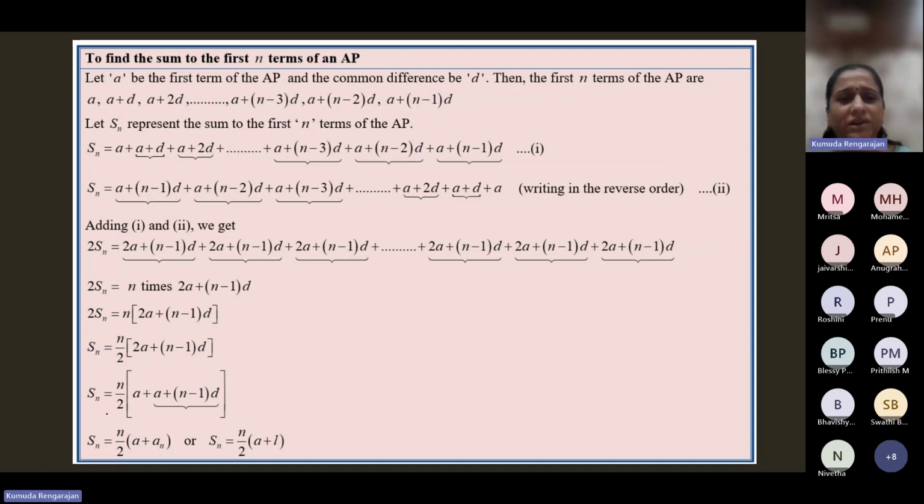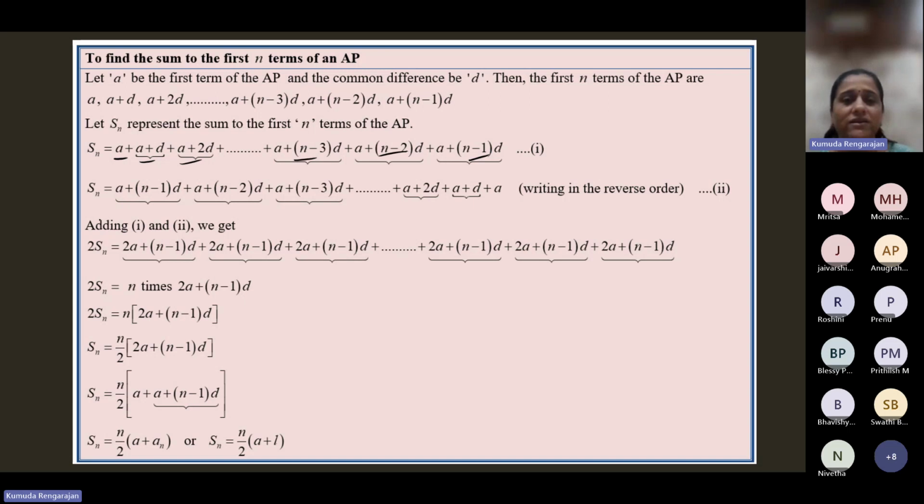You will find it different in different books. First 3 terms and last 3 terms I have taken. So when you add them, it is Sn.